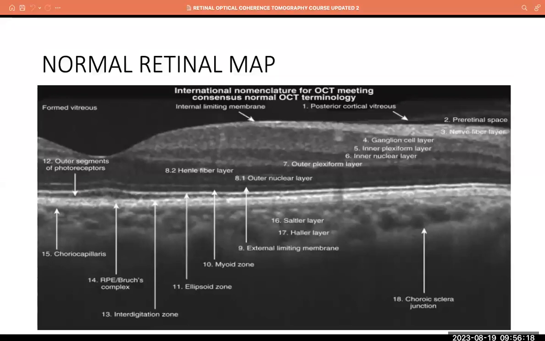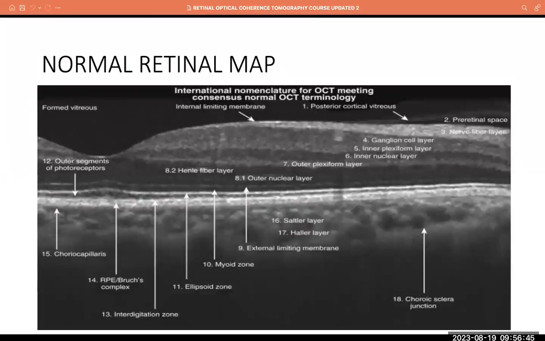The next one after it is either the interdigitation zone or the RPE line, depending on how it is described. If you have an event under the RPE line and an event above the RPE line, what they are called is different.